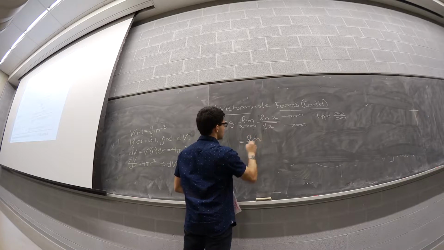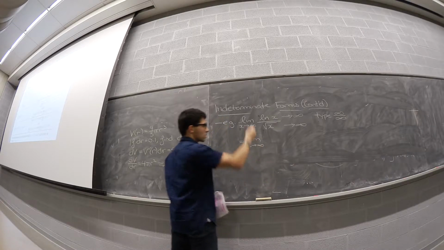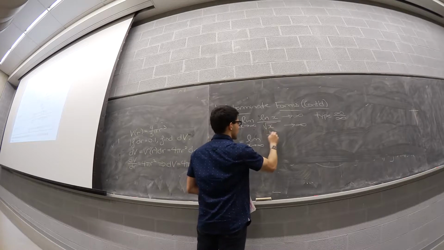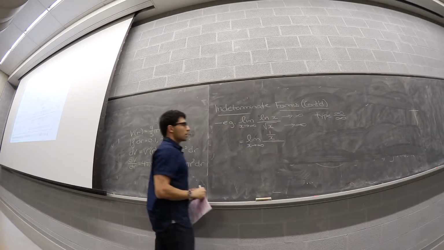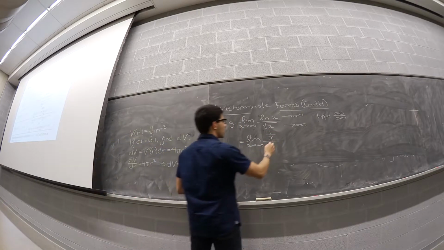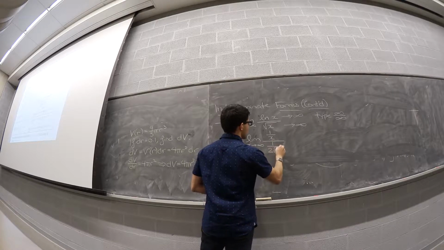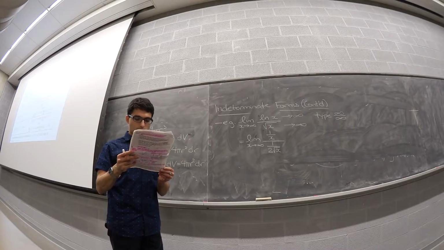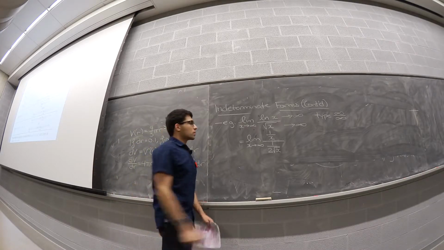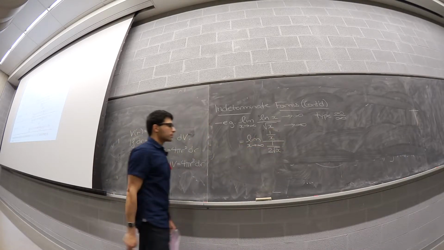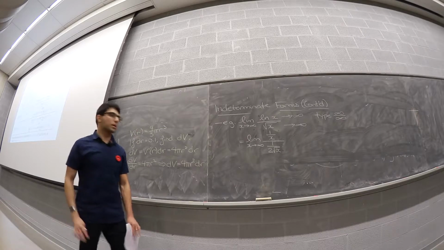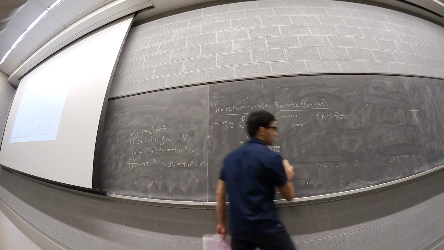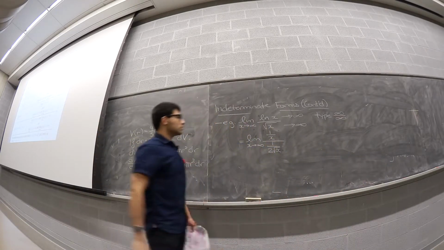Use L'Hopital's rule, which says take the derivative of the top, 1 over x, take the derivative of the bottom, however you figure it out, is 1 over 2 root x. Okay? Good. Took derivative of the top, took derivative of the bottom. If this is really unfamiliar to any of you, let me know.